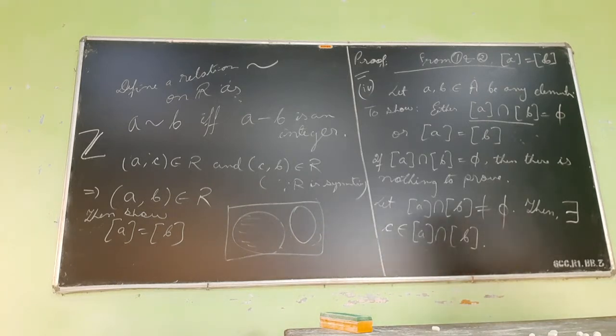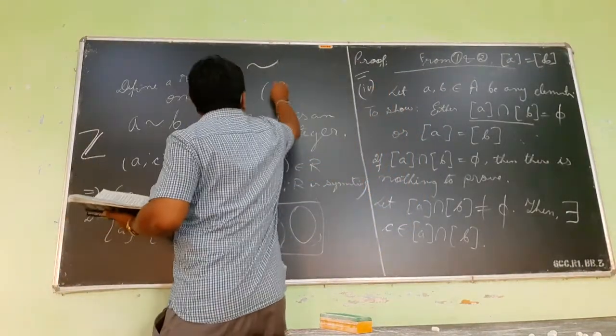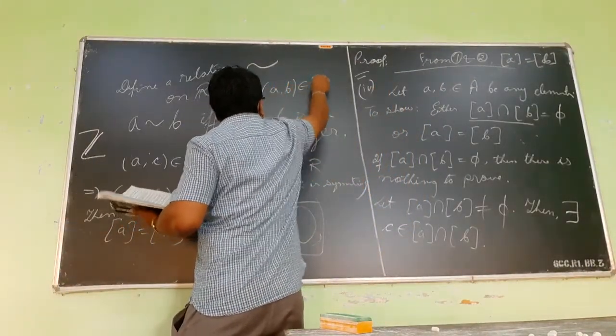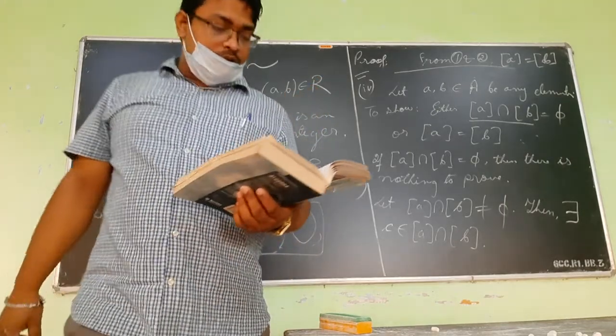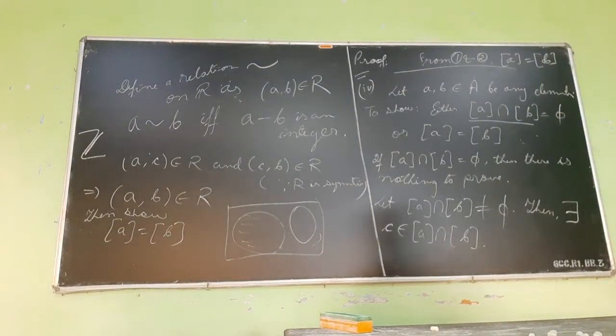Define a relation R on Z as: (A, B) belongs to R if and only if A times B is greater than or equal to 0.